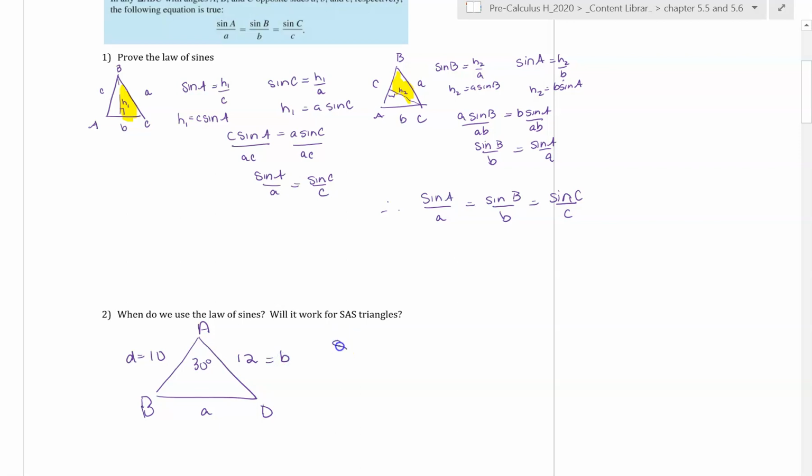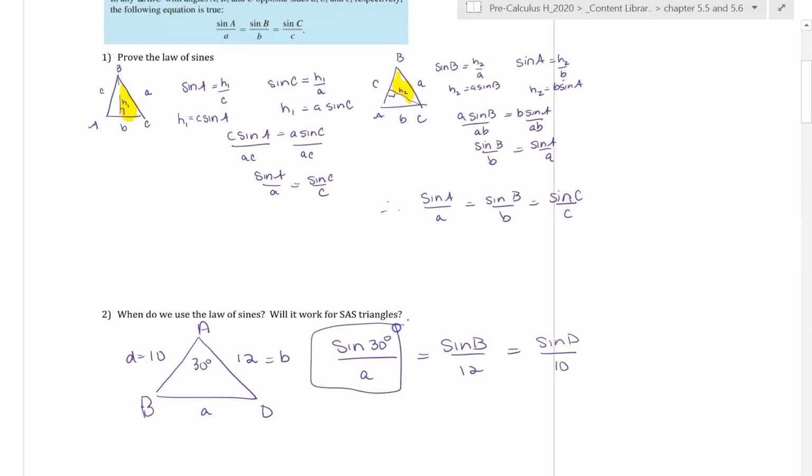Okay, so if you think about it, the law of sines for this situation would be sine of 30 divided by side A, sine of B divided by the side opposite angle B, which would be side B, and then sine of D over the side opposite angle D, which would be 10. So do you see how this would not work?